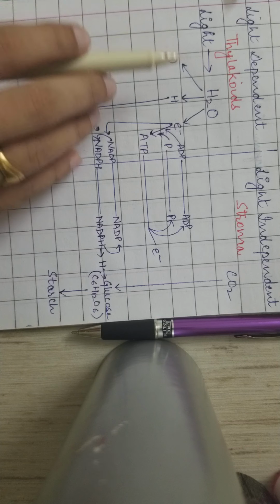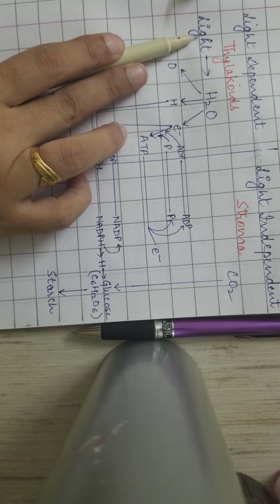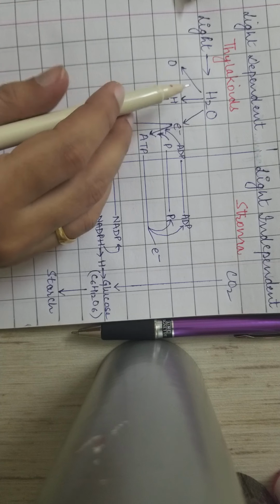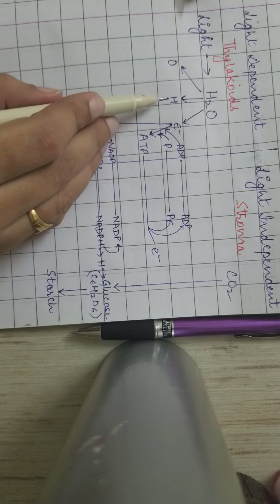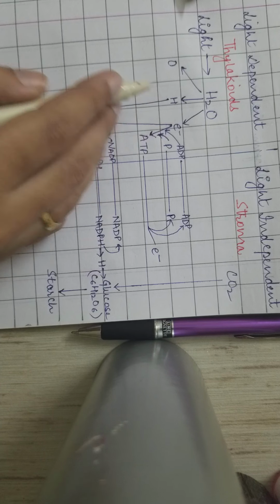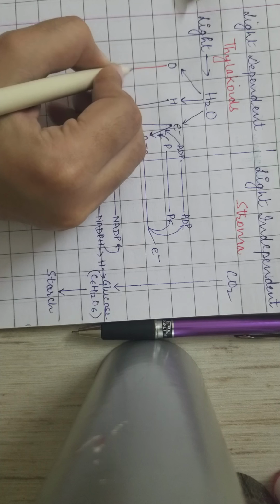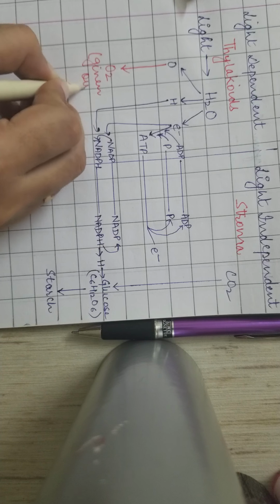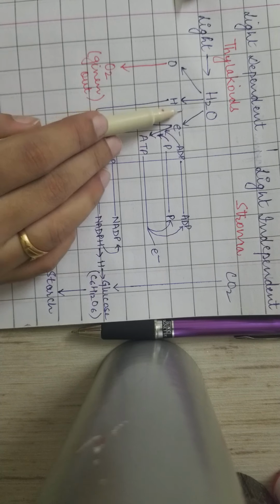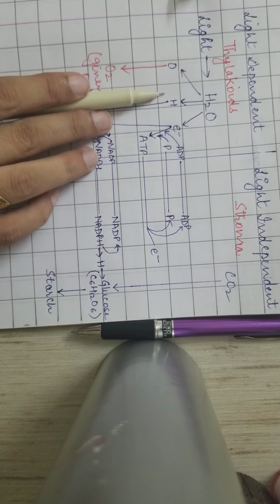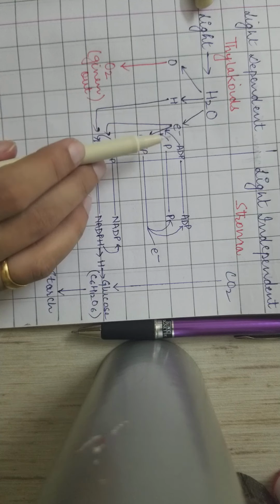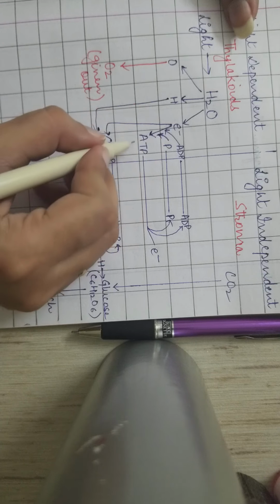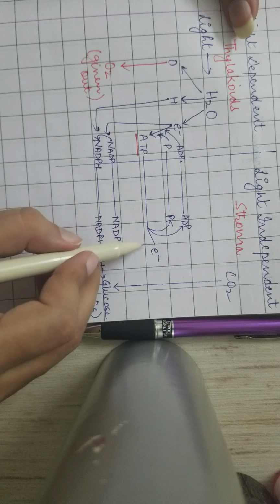Now when the water molecules absorb light, the photons, photolysis of water takes place. It gets split into oxygen ions, hydrogen and electrons, and these oxygen ions combine to form oxygen which is given out. The electron is then used by the energy molecule ATP in the light independent phase.